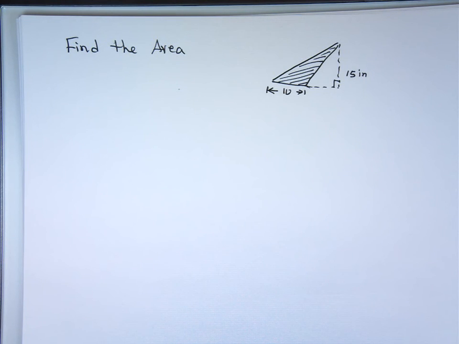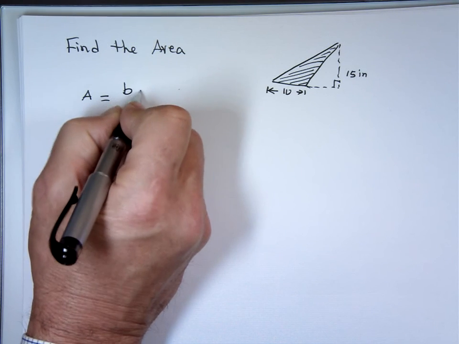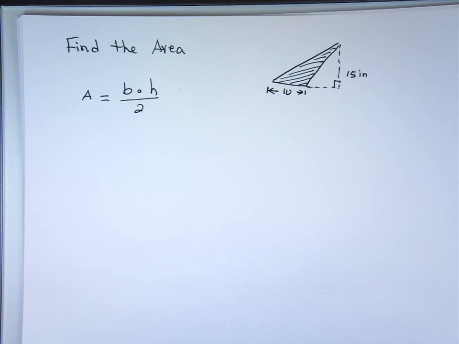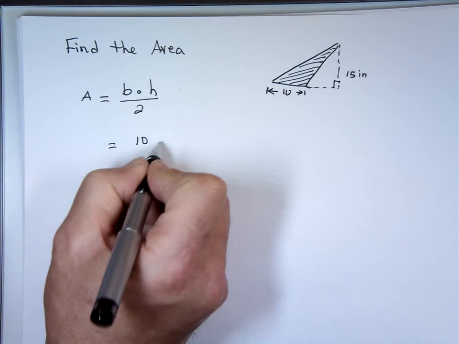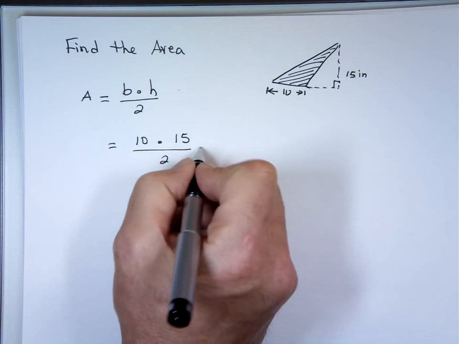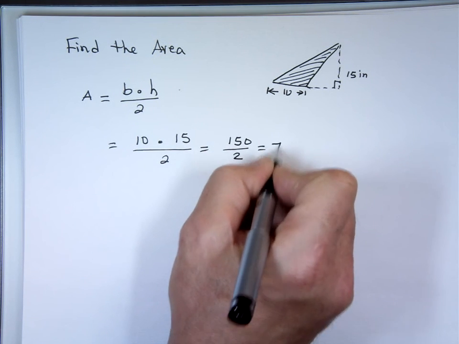Well, the area of a triangle, if you remember, is base times the height divided by 2, or 1/2 base times height, either way. The base is 10, the height is 15 over 2. What's 10 times 15? 150 divided by 2, which is what? 75 inches squared. That's an area.